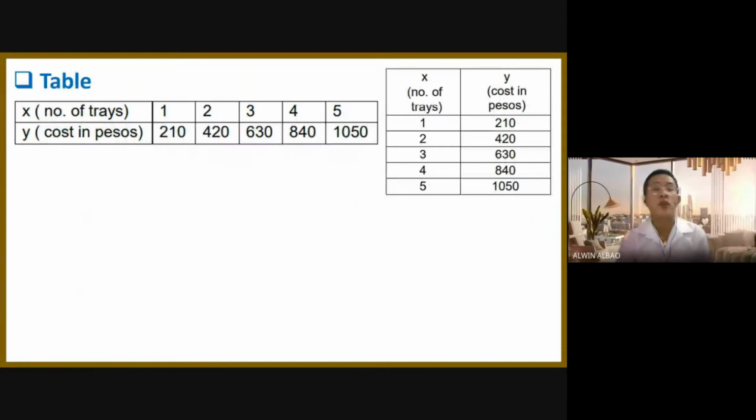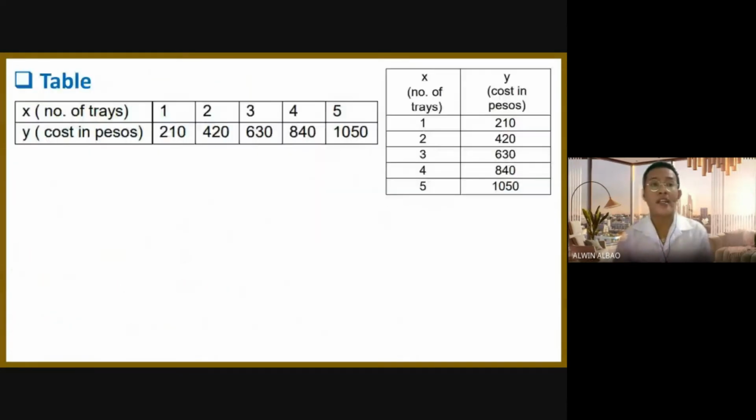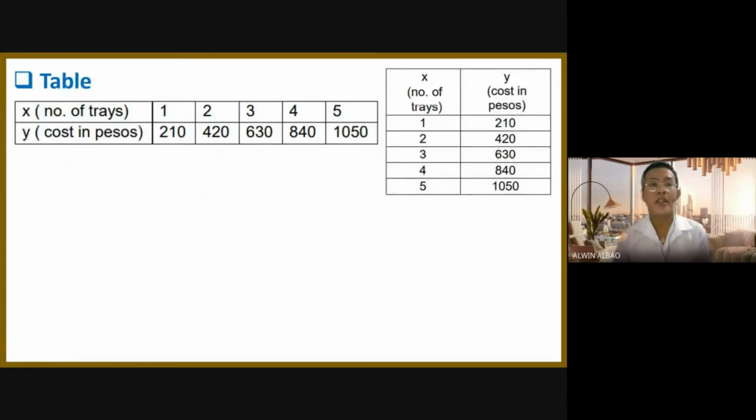Now, what about using a table? So, domain and range using the table. We have here the x values in the upper part, and then the y values in the lower part. It can be represented in horizontal form or in vertical form. So, our domain for this is 1, 2, 3, 4, and 5.